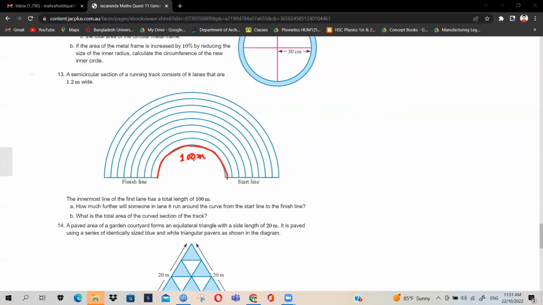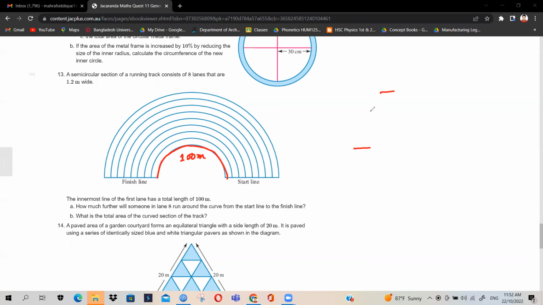How much further will someone run? Okay, one thing I don't understand. In real world, this is not how marathons or hurdles or anything works. Because of this shape, someone would start at this point, or someone would start at some point further, like that.